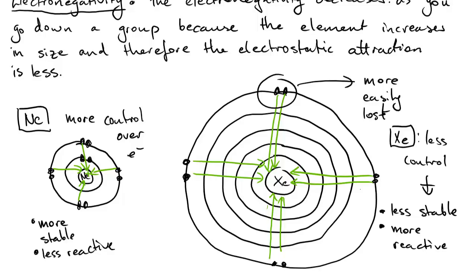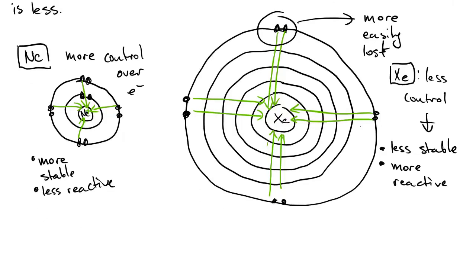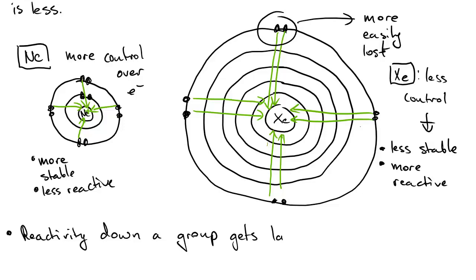Another trend that we have to look at is that as you go from the top of the periodic table to the bottom within the same group, the reactivity gets larger down a group due to a larger number of electron shells.